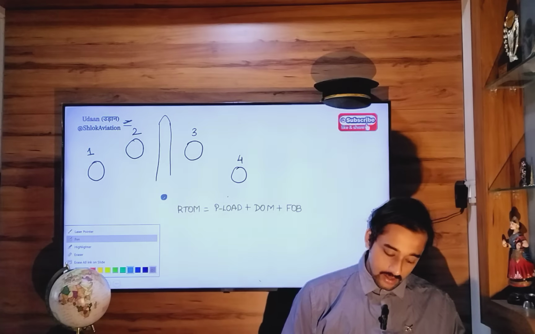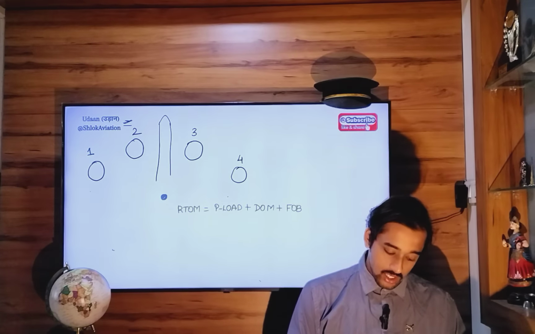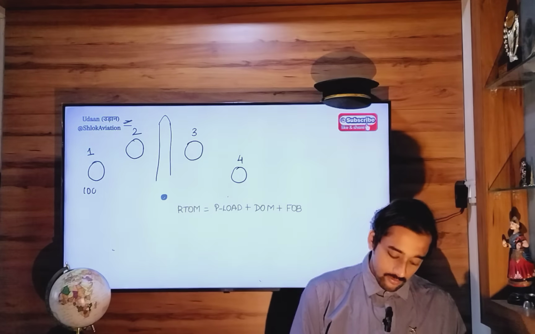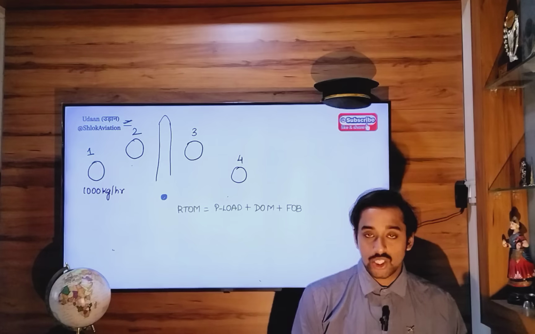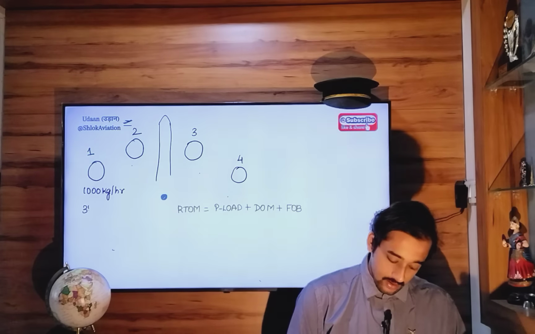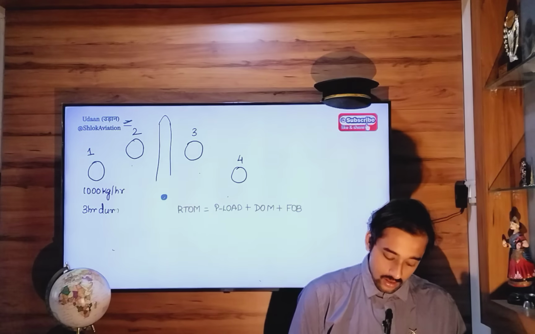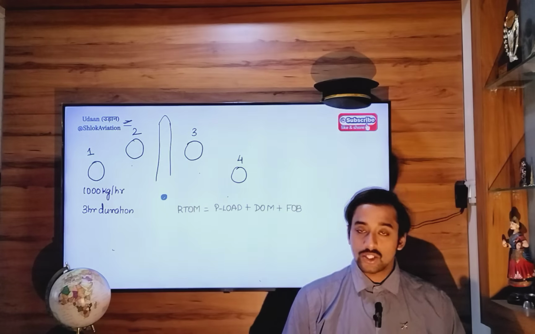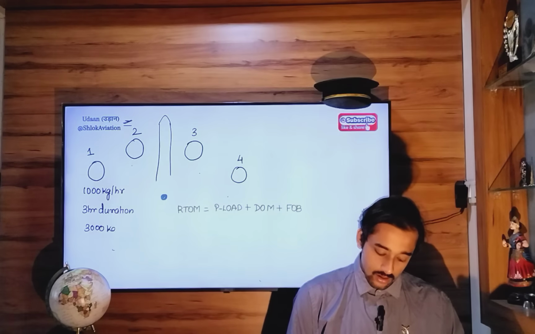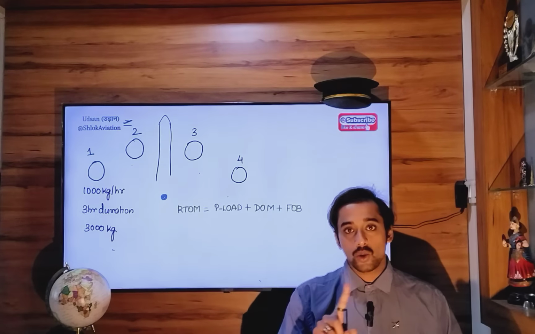Now engine number 1 consumes 1000 kilogram fuel per hour. So does engine number 2, engine number 3, and engine number 4. This is a 3-hour duration flight. So every engine will consume 3000 kilogram fuel during that total flight time.